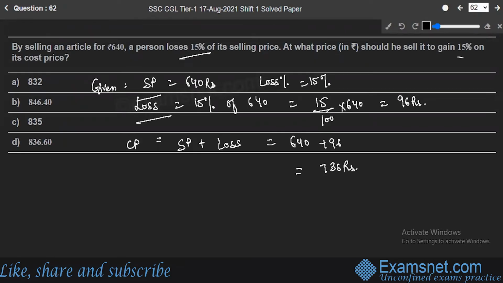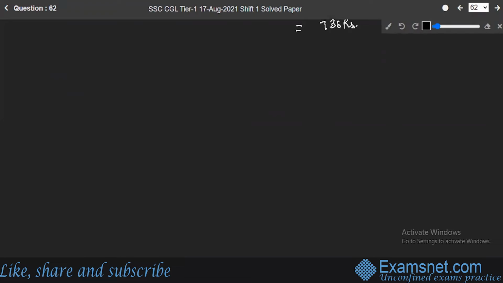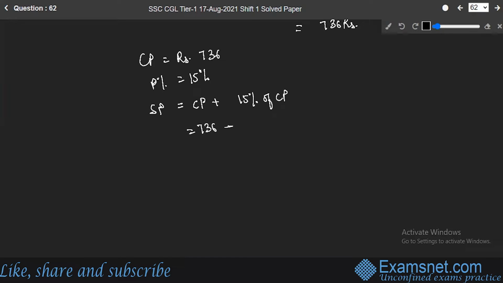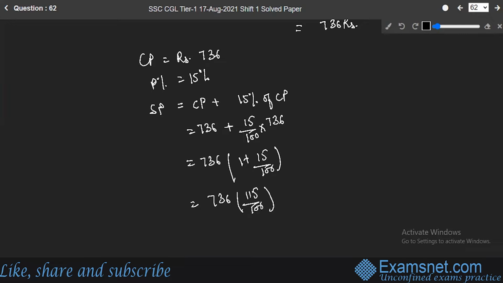Now you want to have a gain of 15%. You get the cost price as 736. You want to have a profit of 15%. What should the selling price be? Selling price should be cost price plus 15% of cost price. That's 736 plus 15% of 736, so 736 into 115 upon 100.